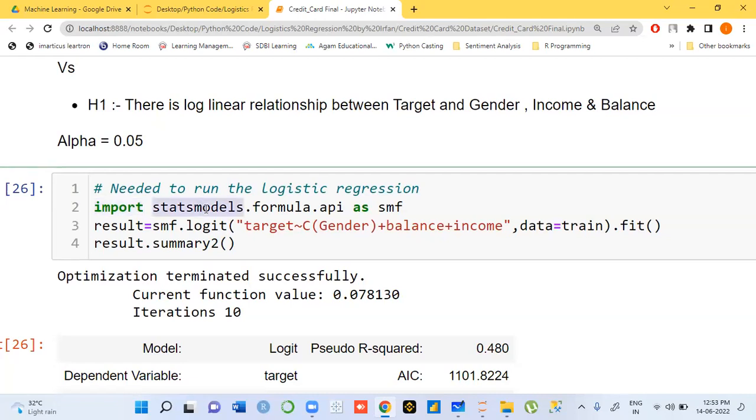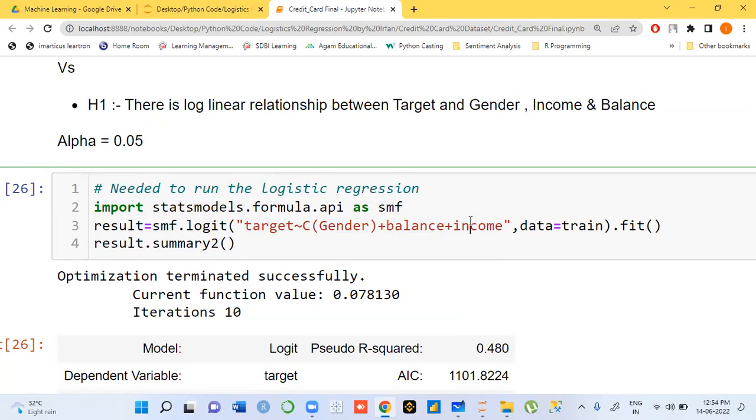Import statsmodels as smf. Inside smf, I want to run the model called logit, where target value depends on gender, balance, and income. Now, guys, the data in gender is a category, but we convert to 0, 1.